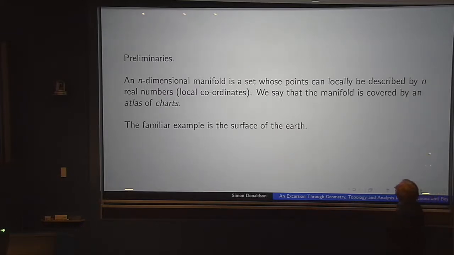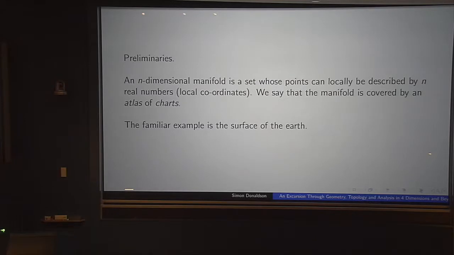So an n-dimensional manifold is a set whose points locally in small regions can be identified with coordinate systems, i.e. sets of n real numbers. So what one says is that the manifold is covered, it's containing a collection of charts, and these charts make up what we call an atlas.